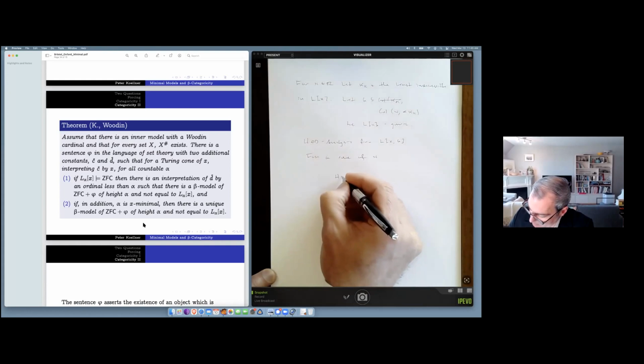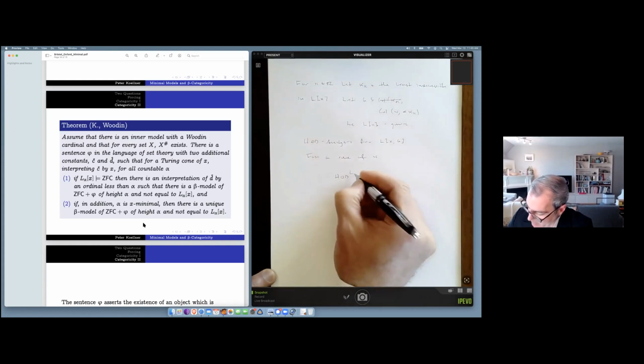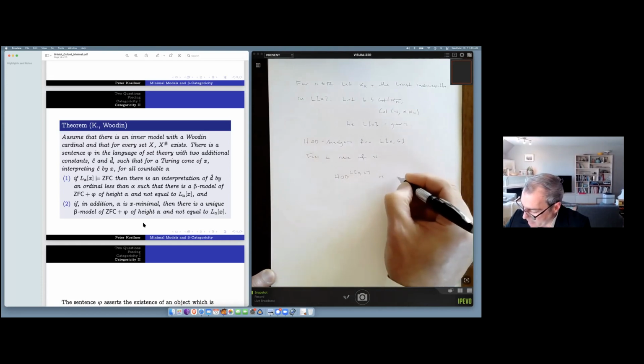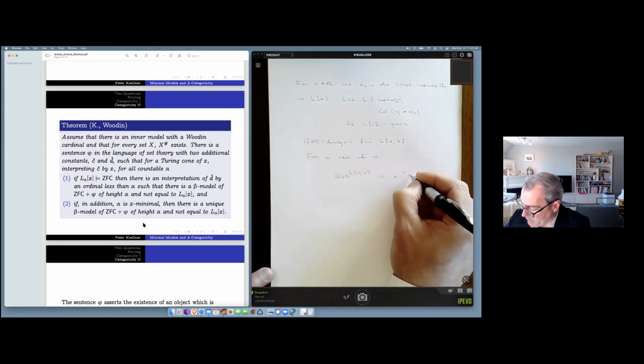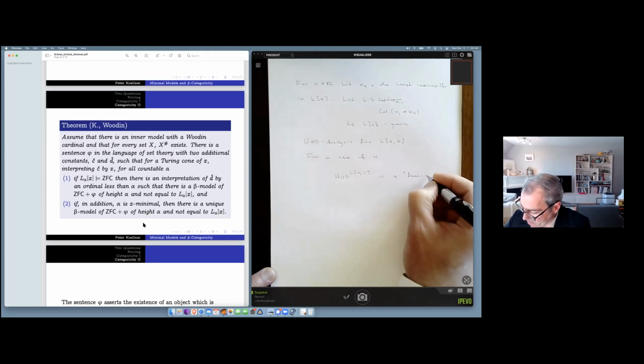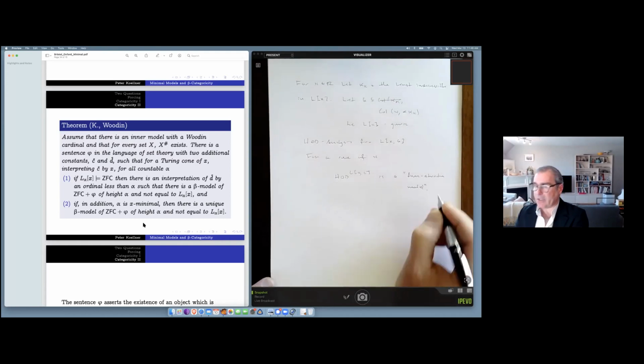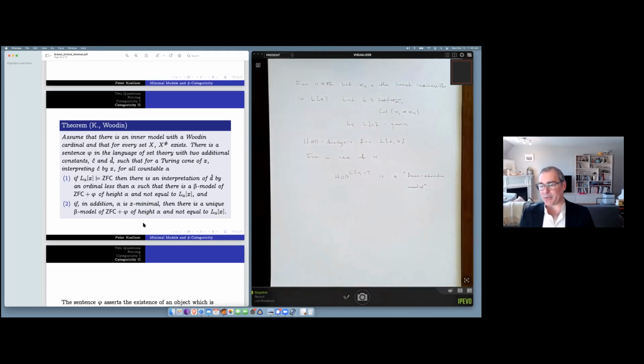Hahn of L of X, G is a fine structure model. But the interesting thing is, it's not a regular fine structure model.